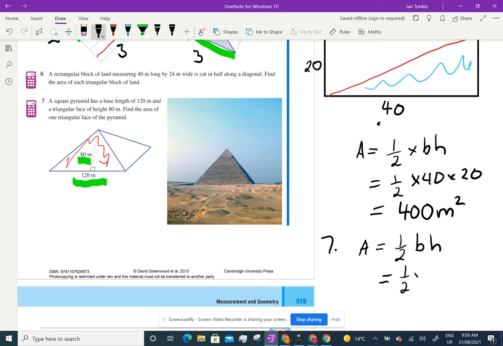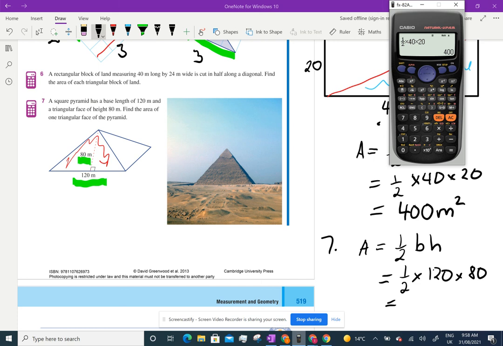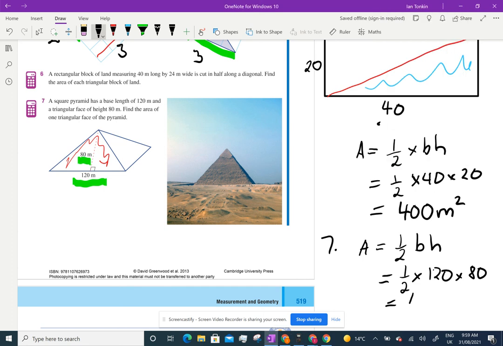The base is 120 and the height is 80. I'm going to use my calculator for that one. 4,800 square metres.